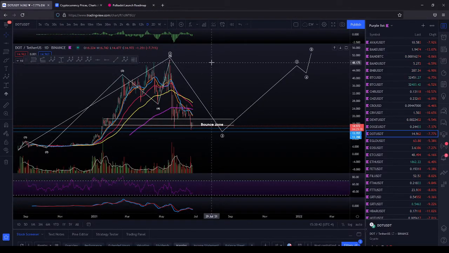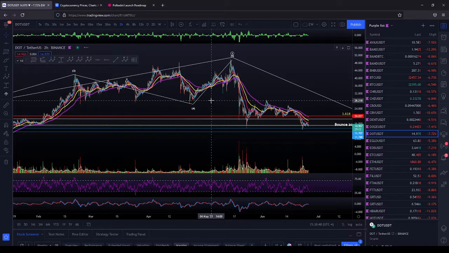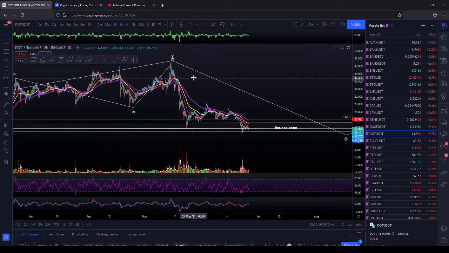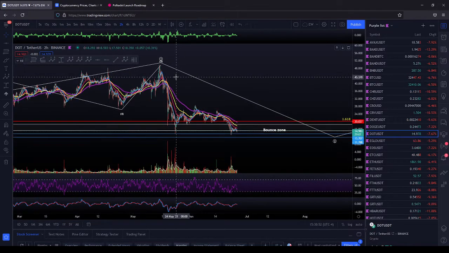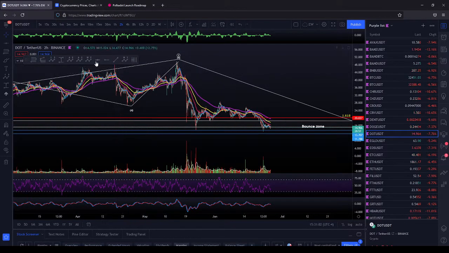Let's break down these waves, this wave 2 here. Okay, it's pretty clear. Do you guys see something like this as wave A?